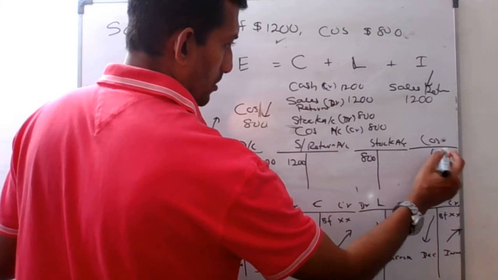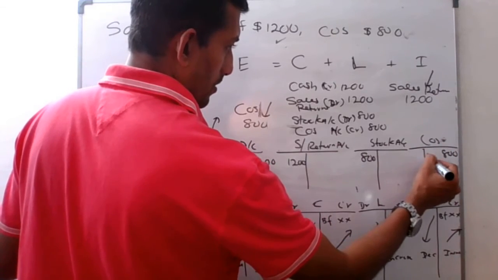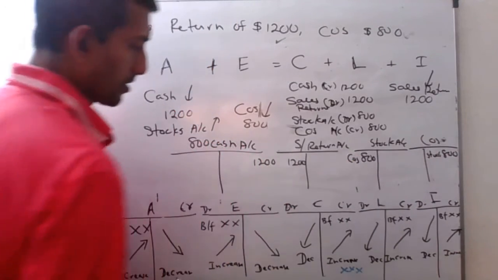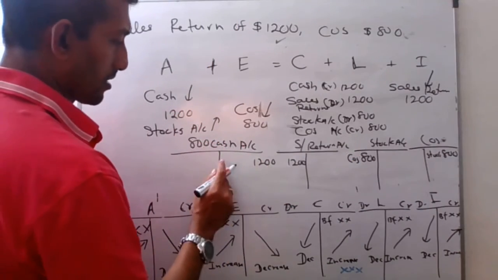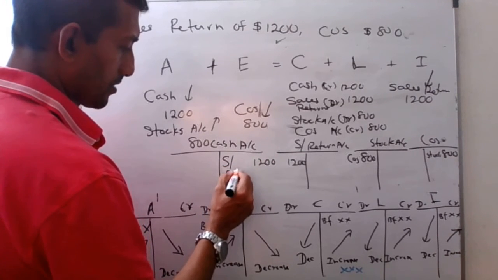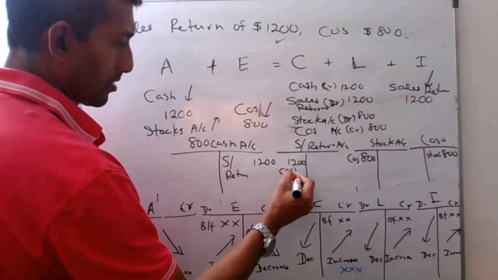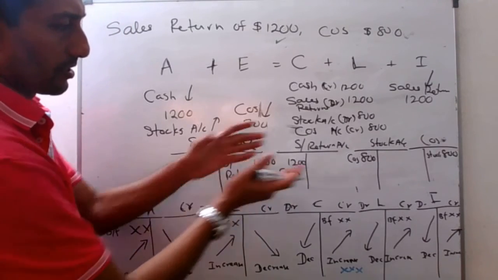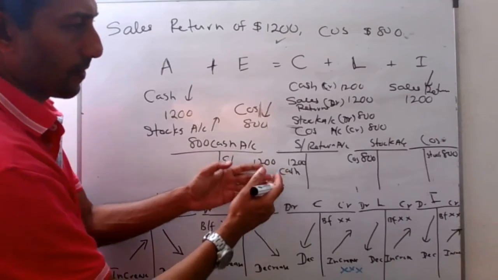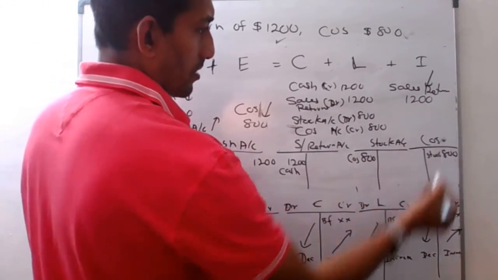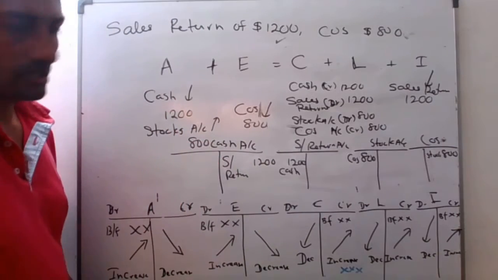So here I will say stocks, here I will say cost of sales, and here this is about the sales returns, and this is about cash. So cash is reducing, sales returns are increasing, stocks increase, cost of sales reverses.